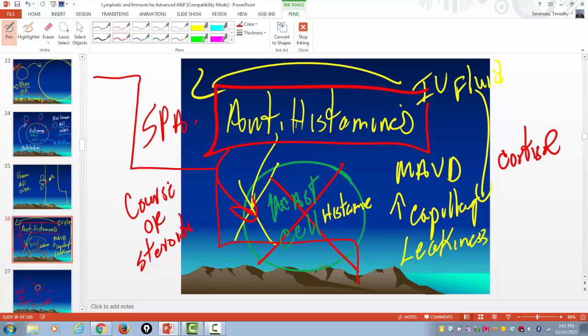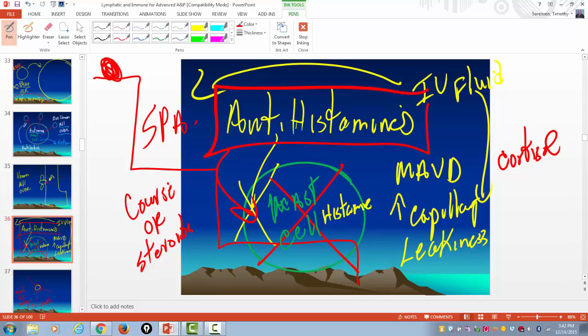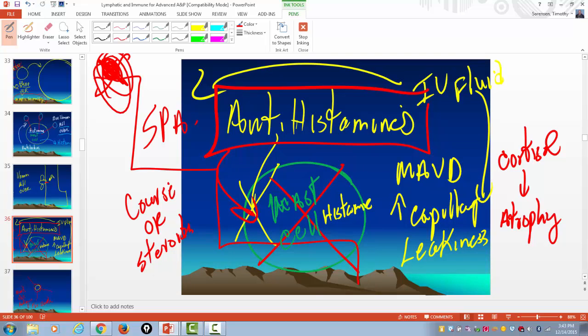So if you're taking high doses of steroids, say 40 milligrams twice a day for 2 weeks, and then you go off of it, the cells of the adrenal cortex in that time will atrophy, saying, well, gee whiz, I don't need to produce this stuff because I got a bunch of it in my blood. So those cells will atrophy. So when you go off of the high dose, those cells are still atrophied, so you'll get this rebound inflammation because you don't have any naturally occurring cortisol. That's why they step you down.